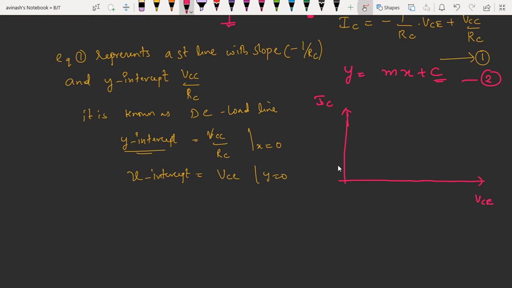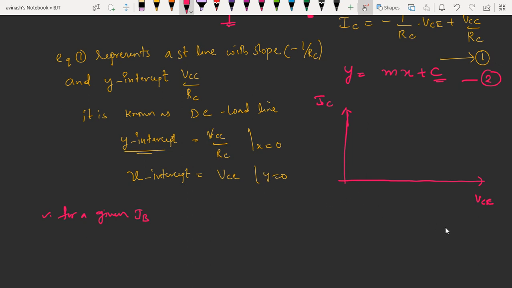Now for a given value of IB, the point of intersection of the characteristic curve and the DC load line is known as the operating point.